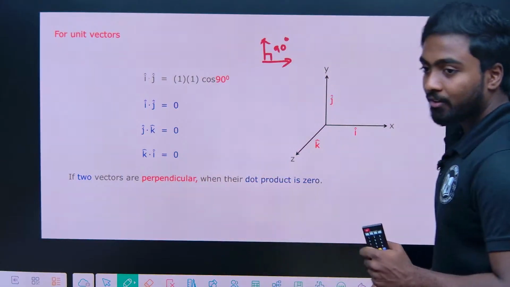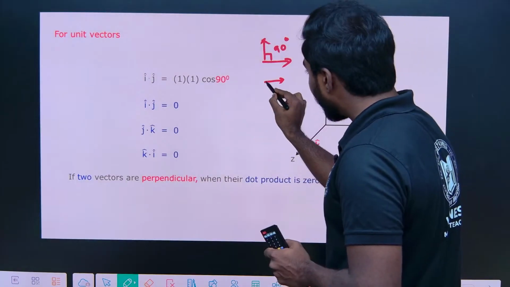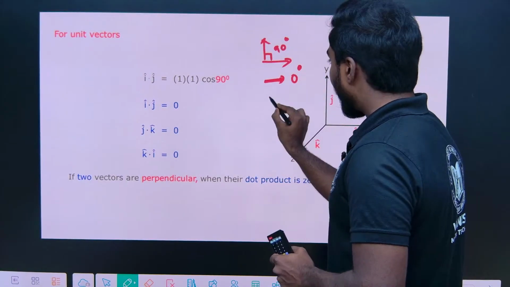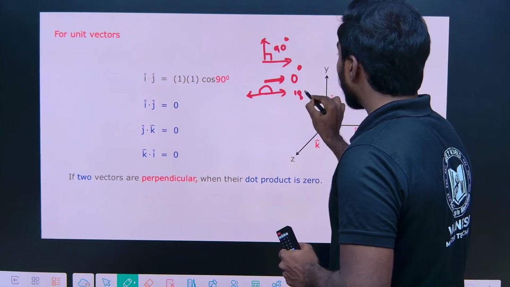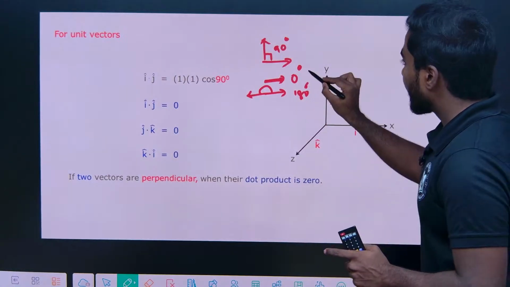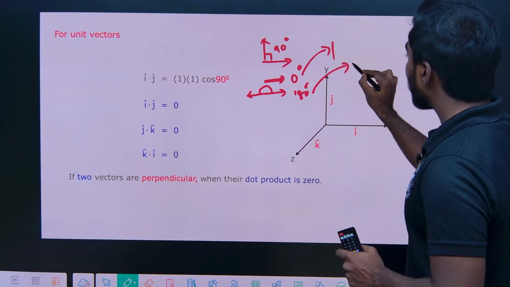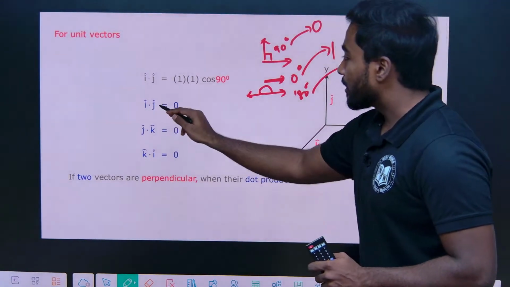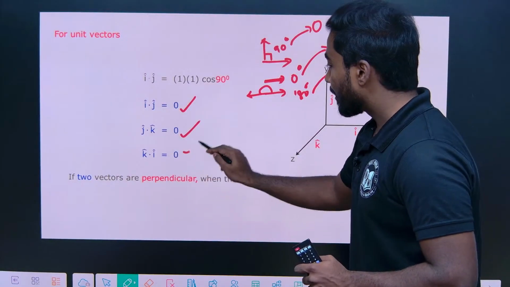In the previous case, it was i cap and again i cap, angle between them 0°. i cap and minus i cap, angle between them 180°. Cos 0 is 1, cos 180 is minus 1, cos 90 is 0. So i dot j will be 0, j dot k will be 0, k dot i will also be 0.